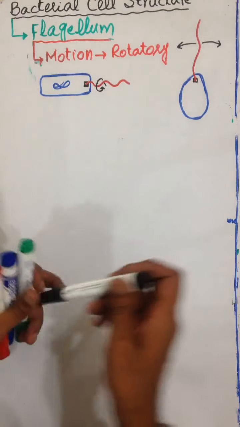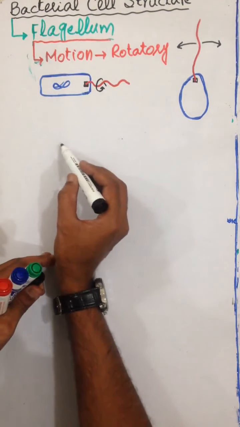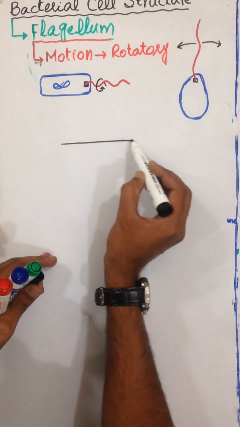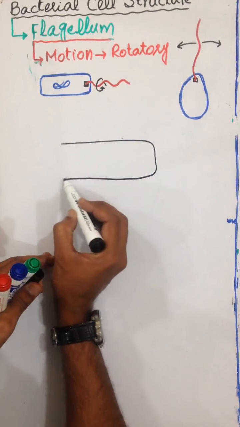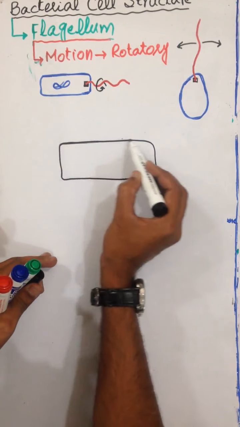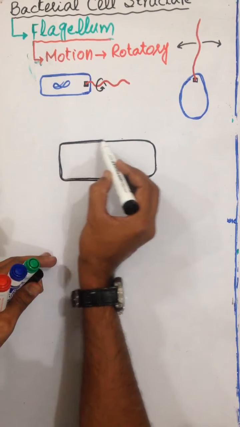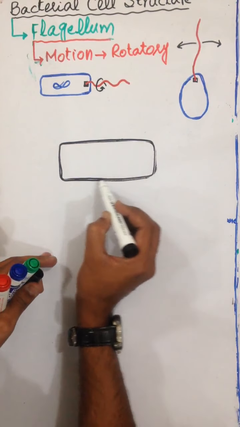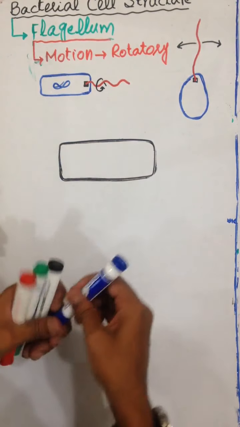So let's talk about the general structure of a bacterium. Let's suppose this is a bacterial cell. I'm going to draw a general structure of a bacterial cell, so that in our further explanation you will be able to understand.